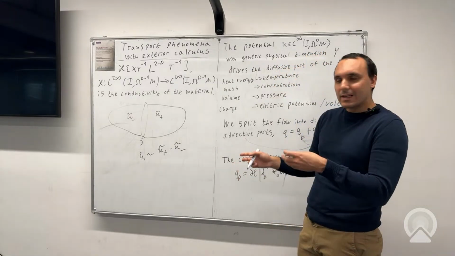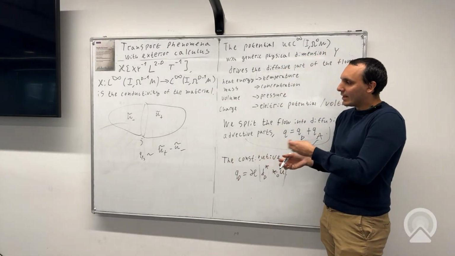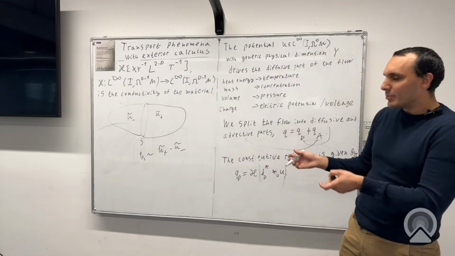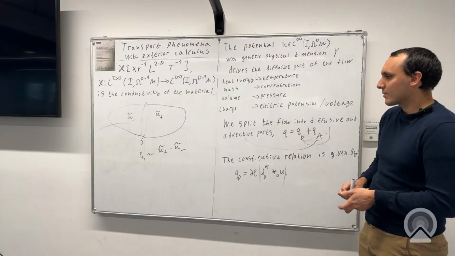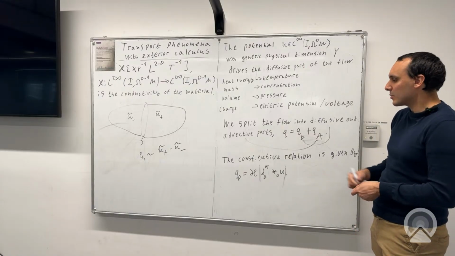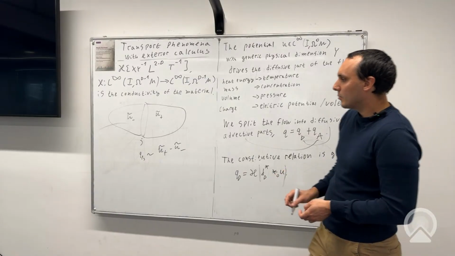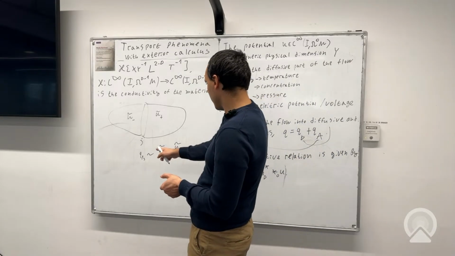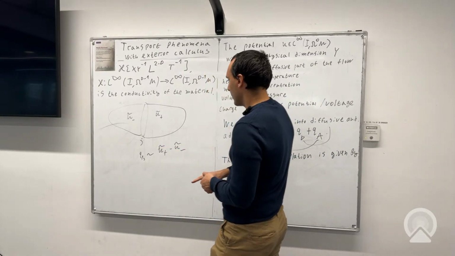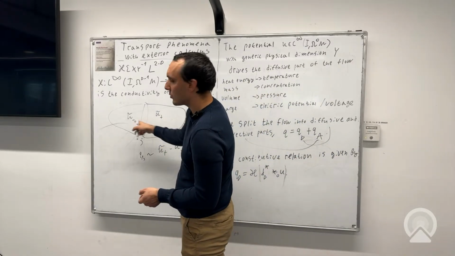This is discretely more clear. Continuously, you have to make some infinitesimals because you have differential operators. But the idea is that you go from plus to minus.